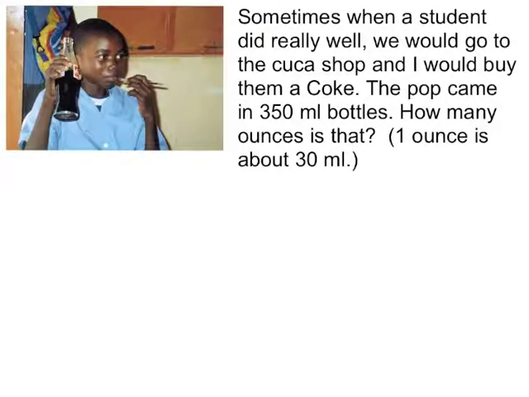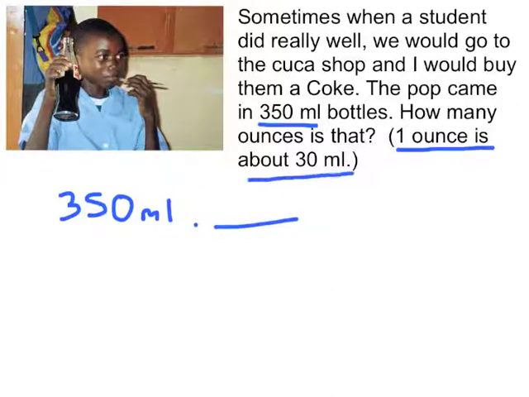Sometimes when a student did really well, we would go to the cuca shop and I would buy them a Coke. The pop came in 350 milliliter bottles. How many ounces is that? So 350 milliliters times our conversion factor, and our conversion factor is given in the hint. 1 ounce is equal to about 30 milliliters.